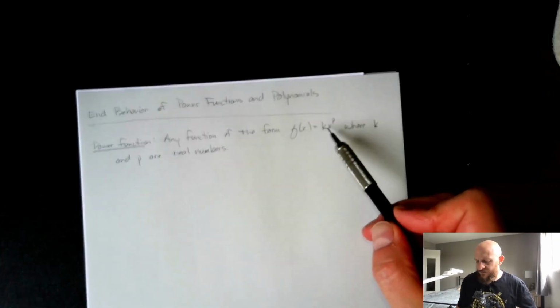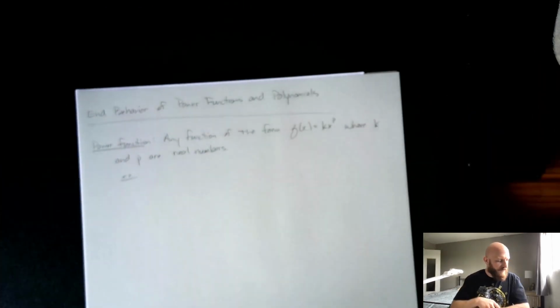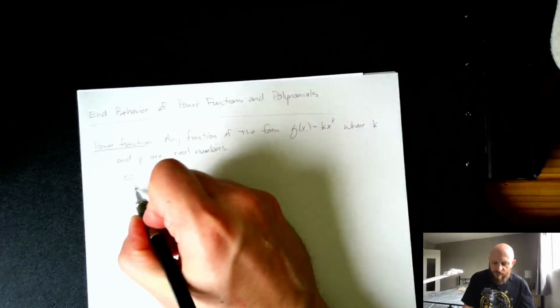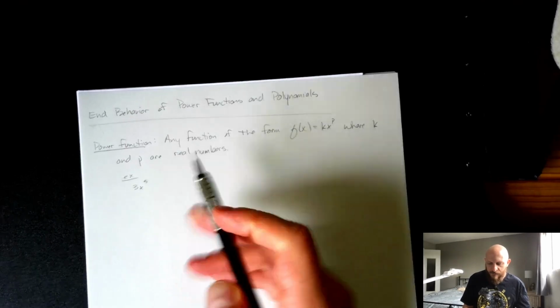A couple of examples always make things a little bit easier to understand. 3x to the fifth. Yeah, that's a power function, kx to the p.